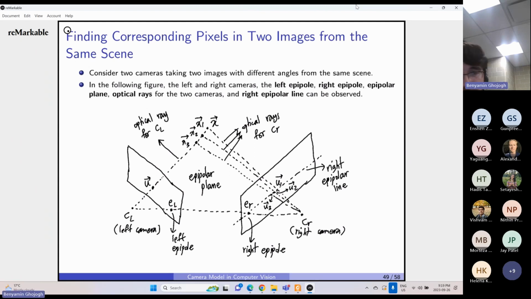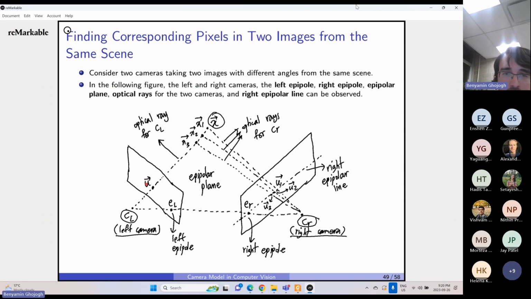So consider two cameras, left camera and right camera. They are denoted by CL and CR. I have a 3D object X, right? X, Y, Z, which means that it's a vector. And each of these cameras has some frame.